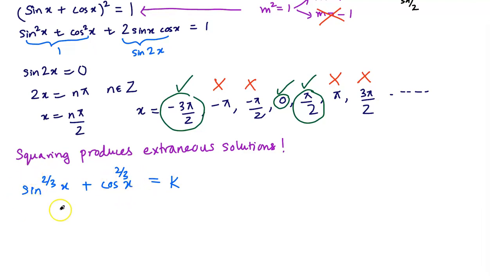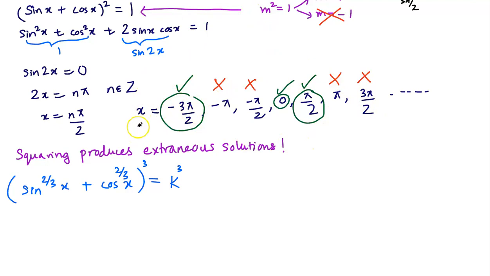So the first thing that I am tempted to do is to cube both sides, because when I cube these two terms and add them, I'm going to get sin squared x plus cos squared x, and that is going to simplify the math for me. But do I have to cube? Now do I have to do the same exercise that we did?